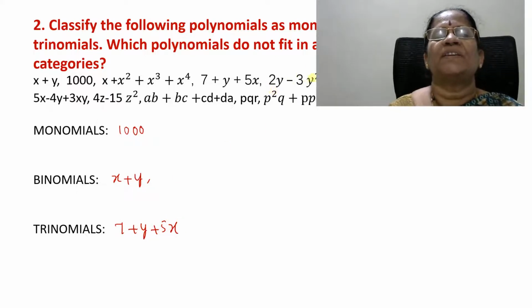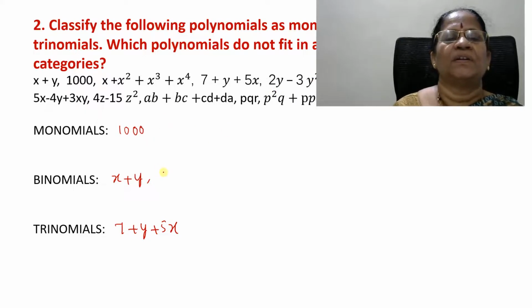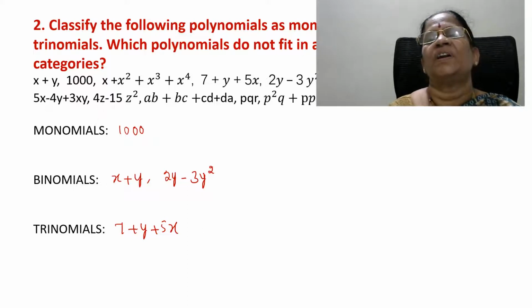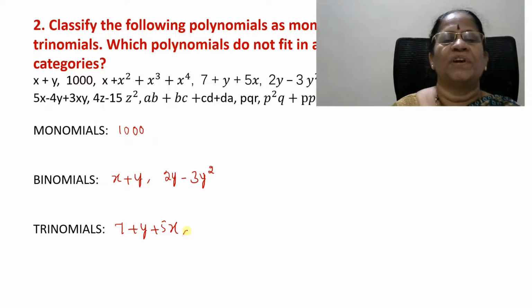Then 2y minus 3y square is a binomial. 2y minus 3y square plus 4y cube is a trinomial.